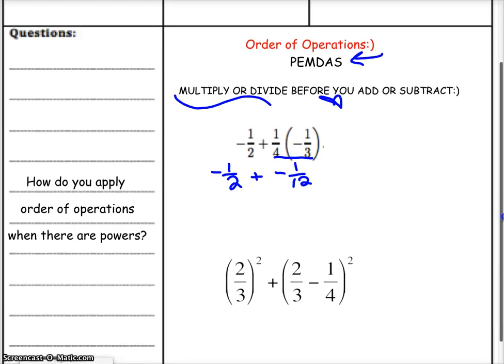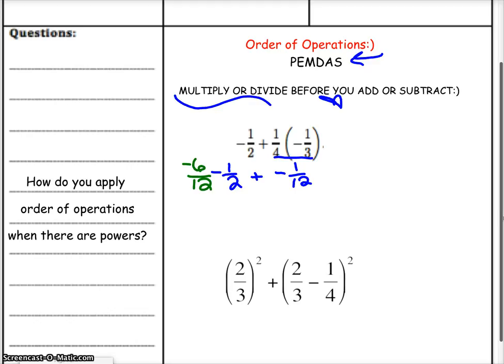Now I need a common denominator. You can recall from our second lesson in this unit, we added and subtracted fractions that were positive and negative. Common D is 12. 2 times 6 is 12. So negative 1 times 6 is negative 6. Now they're the same sign. A negative and a negative is the same sign.